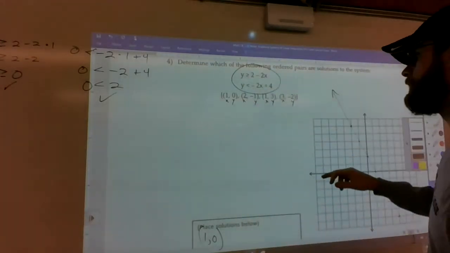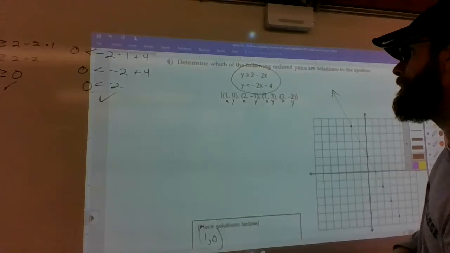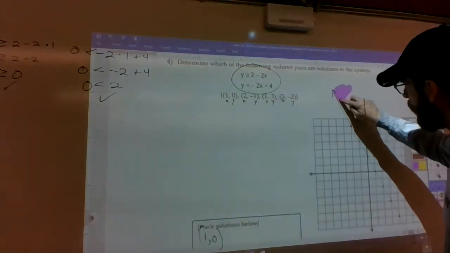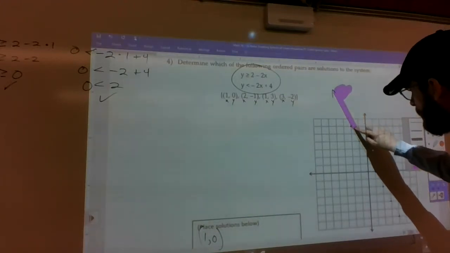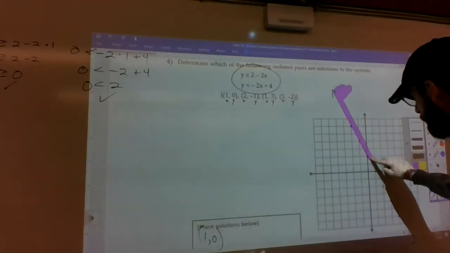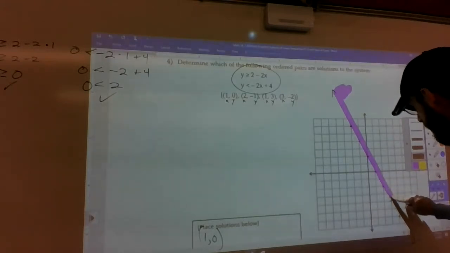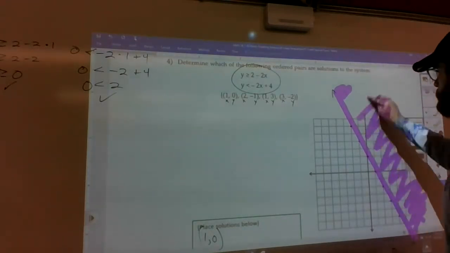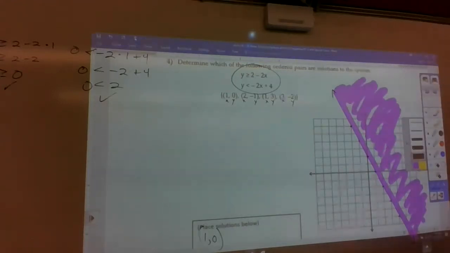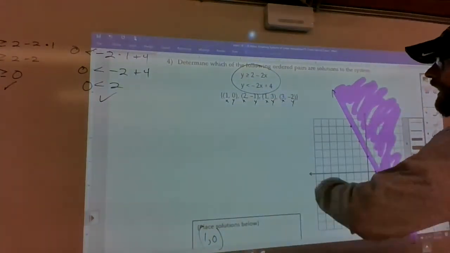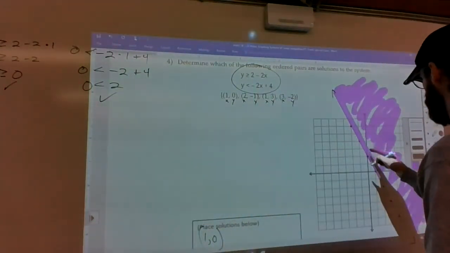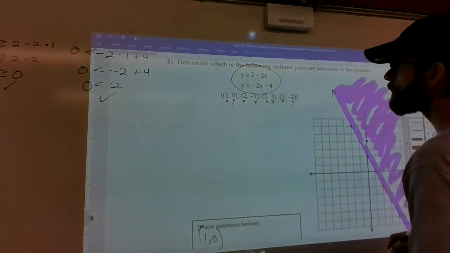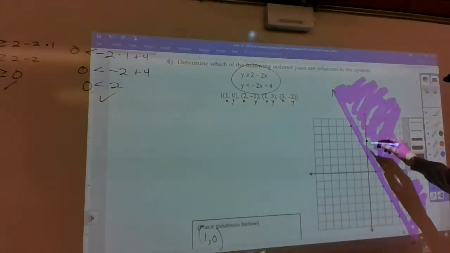Shade above. So when I'm shading, I'm including the line right here. So every point that's on that line is magenta right now. Second one, I'm starting at 4 and also going down 2, right 1.